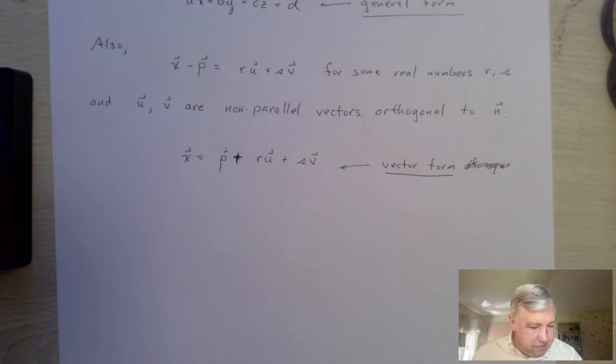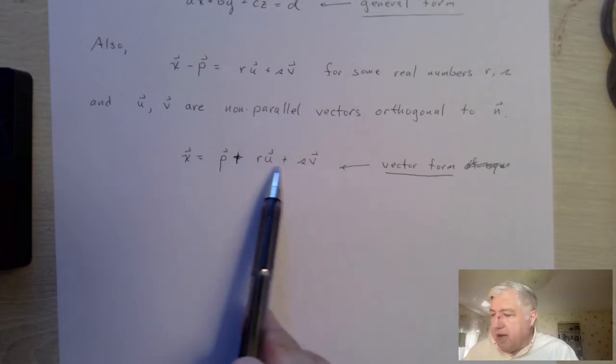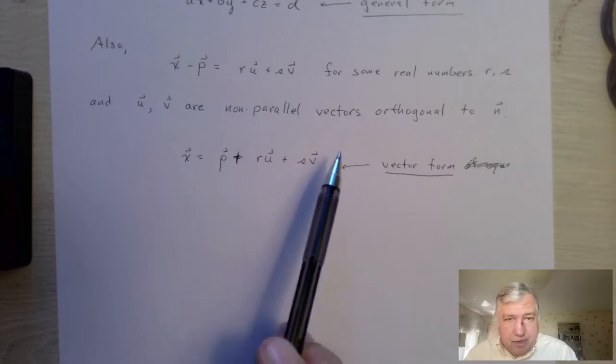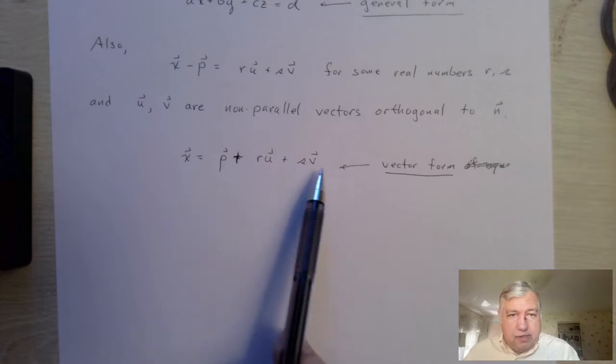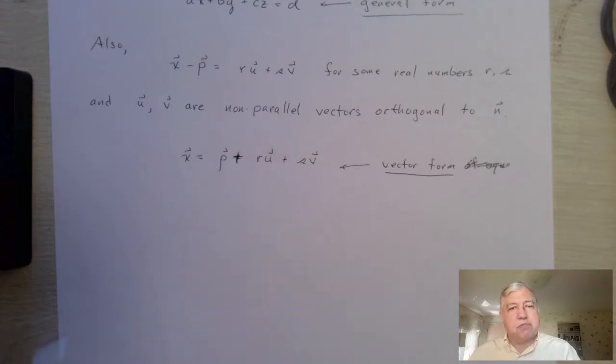Now, it turns out that as long as u and v are not parallel, that is, if they're not scalar multiples of each other, we can pick u and v to be anything, as long as they're not parallel, and p to be anything, and the set of vectors of this form will be a plane. Okay.